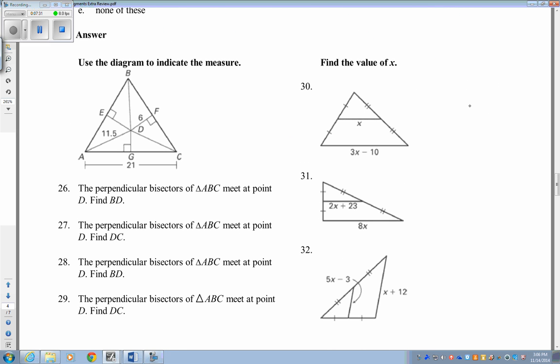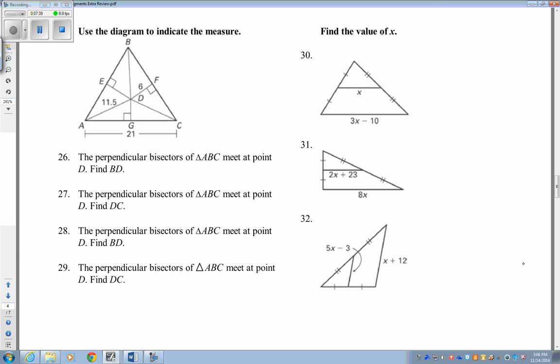All right. Now, we're going to use the diagram and the indicated measures to solve perpendicular bisector meeting at point D. So, my question to you, because this is a perpendicular bisector and it's meeting at that point, what is that point D called?